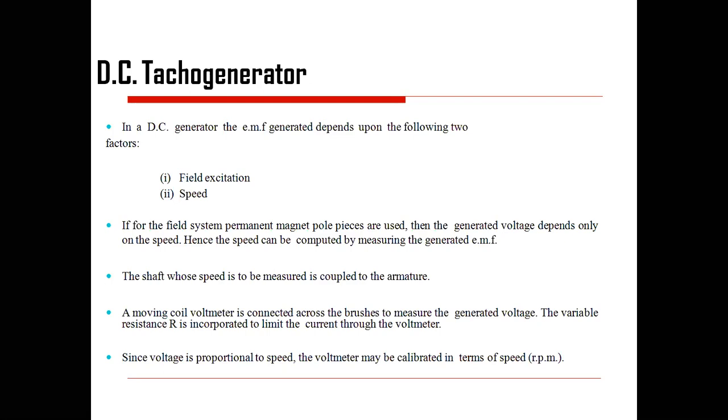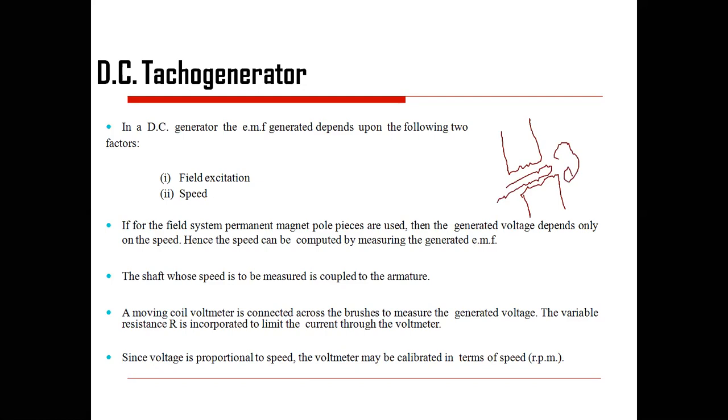Over here, for the field system, there are two permanent magnets. These are the two permanent magnets, and over here is your shaft. This shaft is rotating.